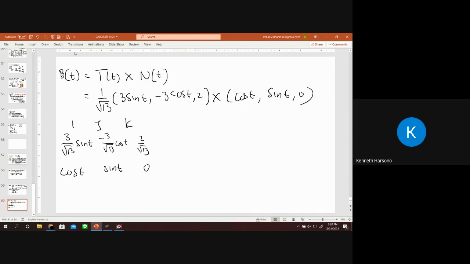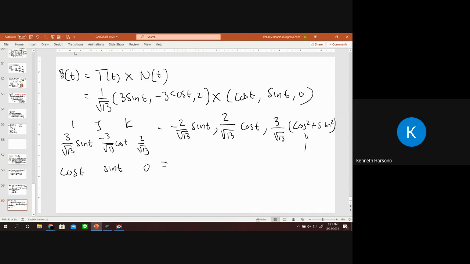And this one just becomes minus 2 over square root of 13 sin t, 2 over square root of 13 cos t, and 3 over 13 (cos squared plus sin squared), or this just becomes 1.